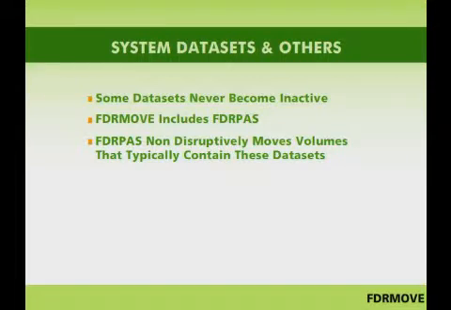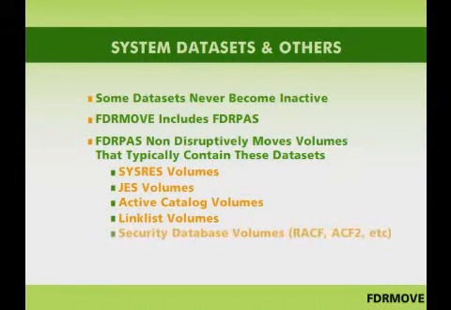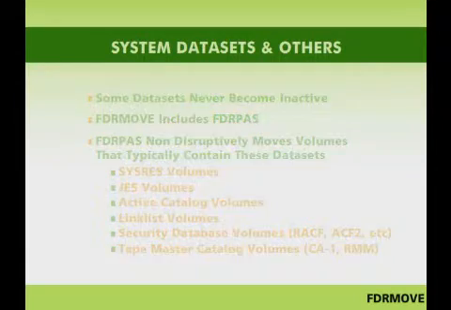Volumes that typically contain these types of datasets include SysRes, JES, and active ICF catalog volumes. Volumes with linked list datasets, security database datasets like RACF, ACF2, CA1, and RMM tape master catalog datasets.